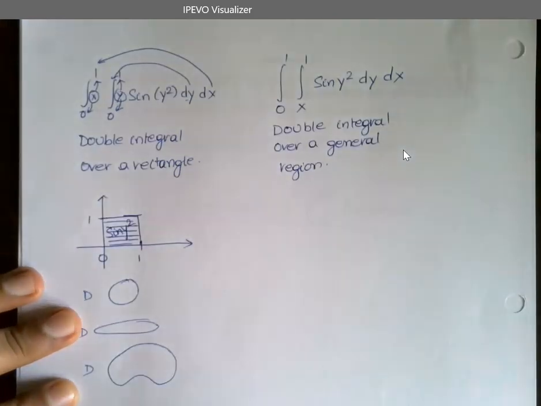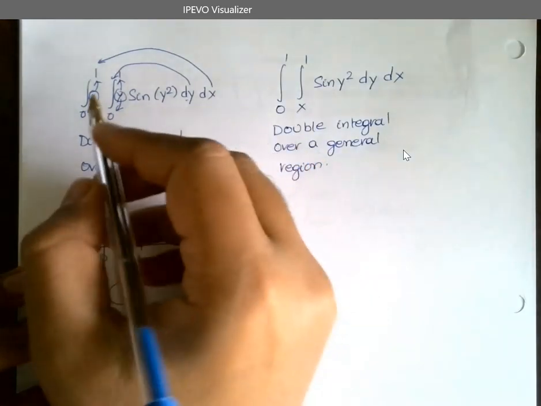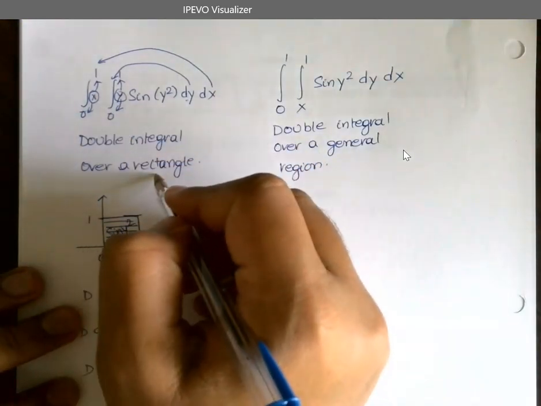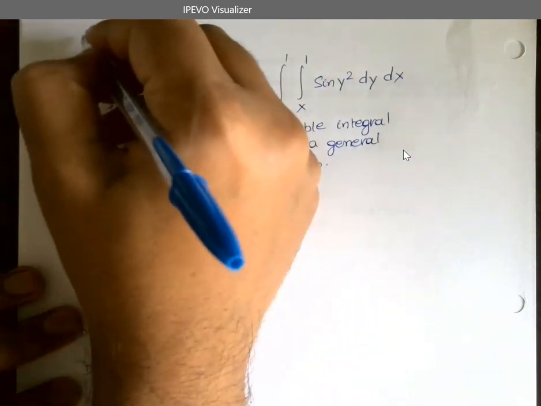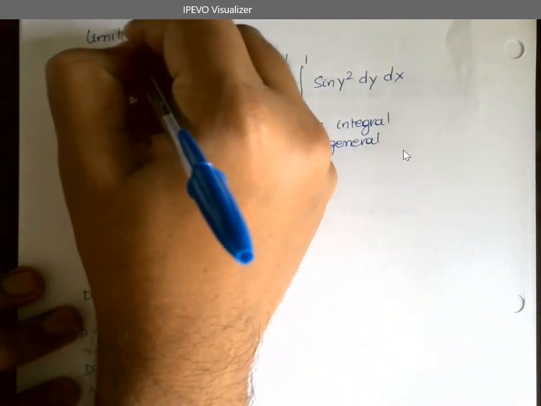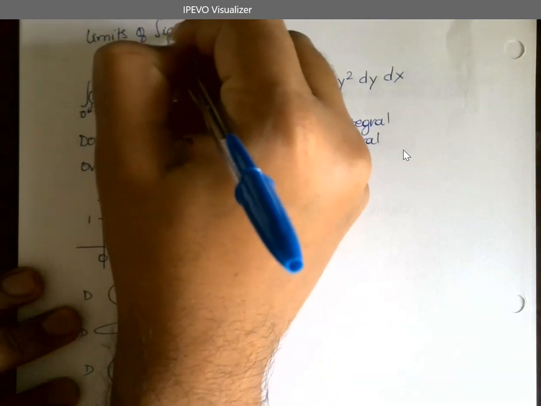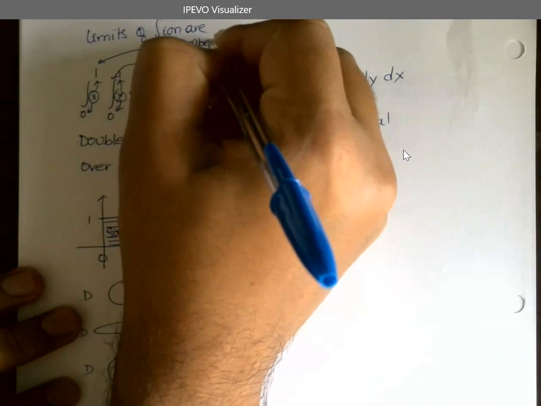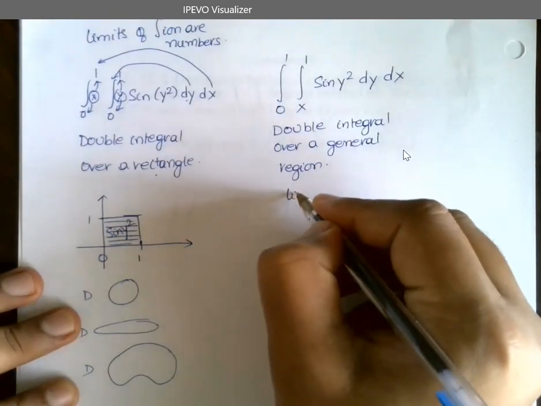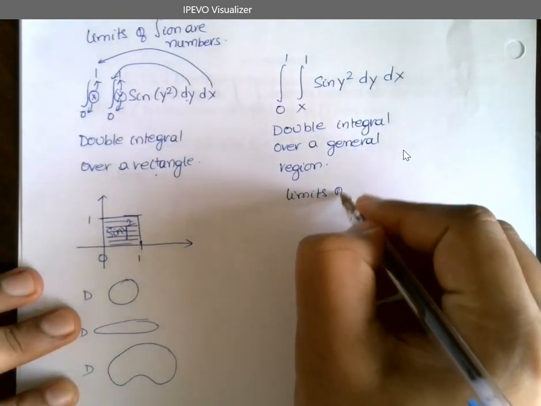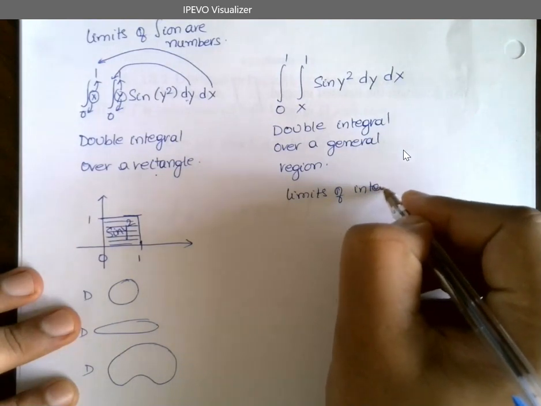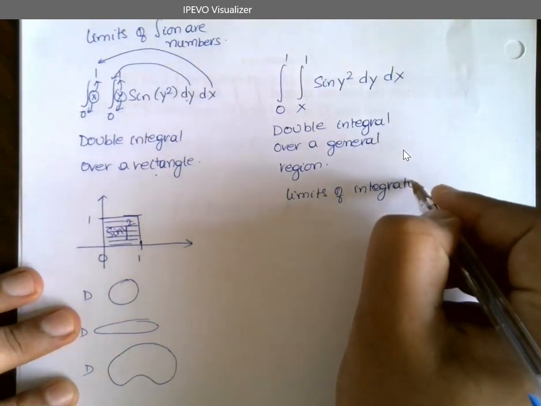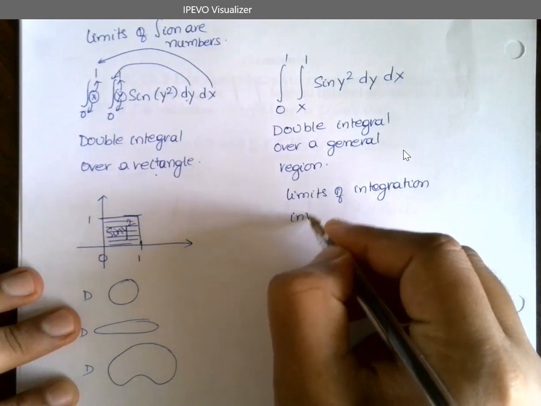Here the earlier domain was a rectangular region because the limits of integration were numbers. But here the limits of integration involve variables as well.